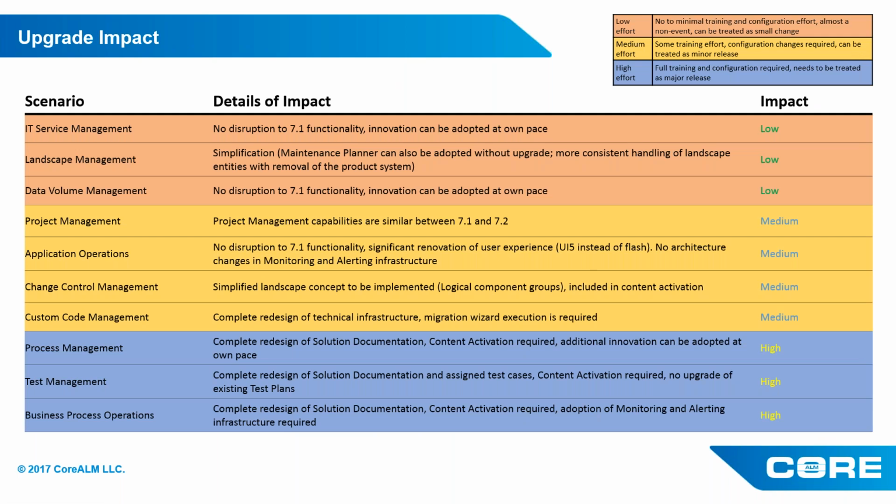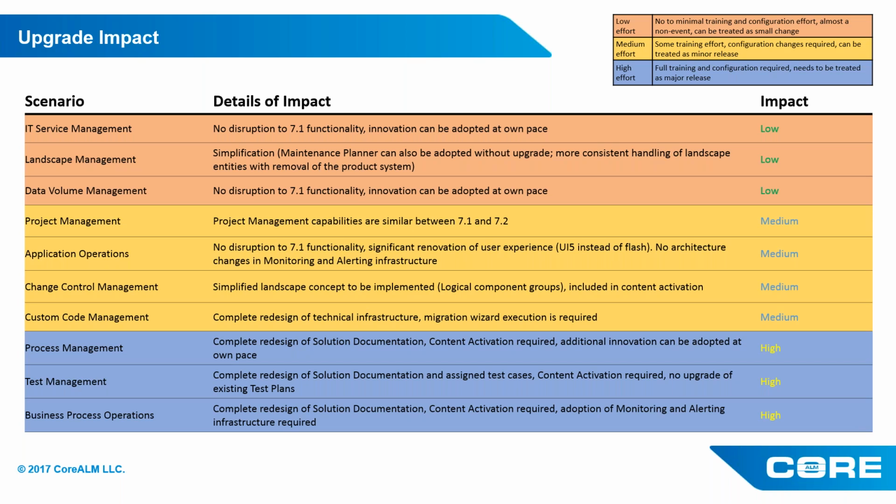Now, as far as the upgrade impact, depending on what you're currently using, there's different impact, as you can see in the last column. If you're using things like operations, landscape management, ITSM, or data volume management, you're in the low to medium impact zones.